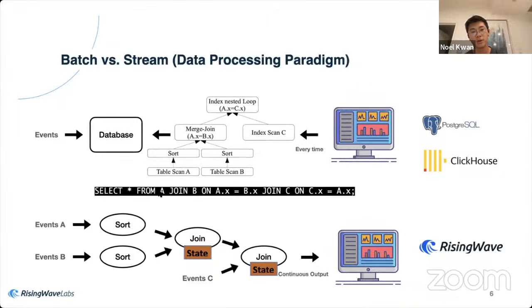On the other hand, for a stream engine, like RisingWave, for example, we run things in an incremental fashion. So similarly here, we have 3 sources of information, A, B, and C, right? When the events come in, they get streamed into our pipeline. And basically what happens is that each of these nodes will calculate the delta, so basically a change in the state and change in the stream, right?